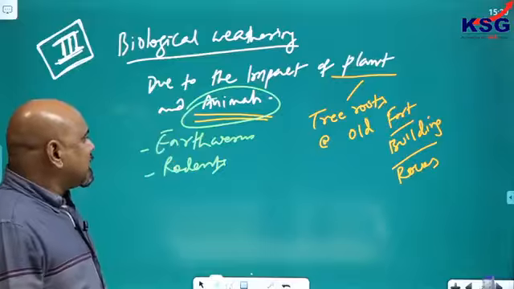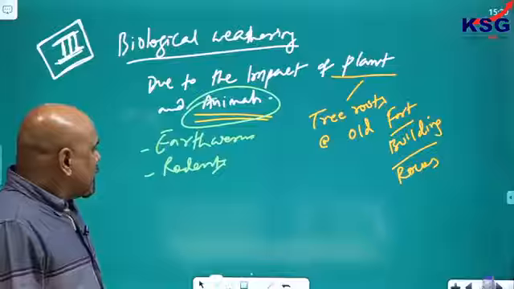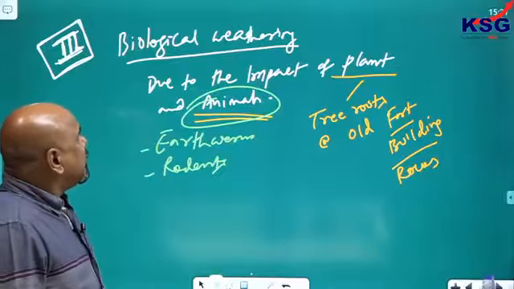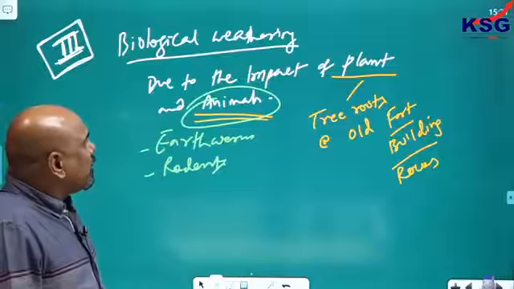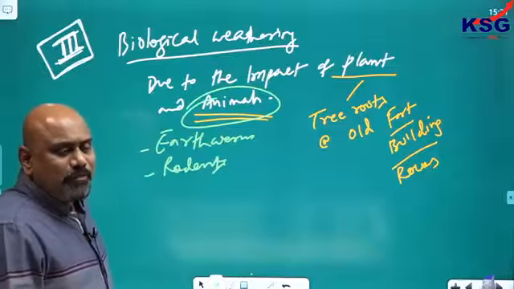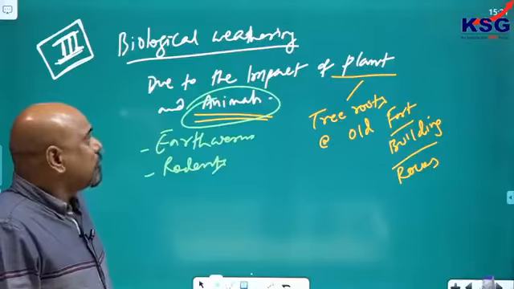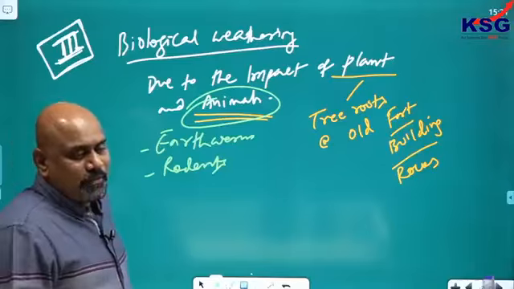And very interestingly, as I just said, biological weathering is due to the impact of plant and animal. Animal plays a very important role here. Weaken the strata. This is biological weathering.